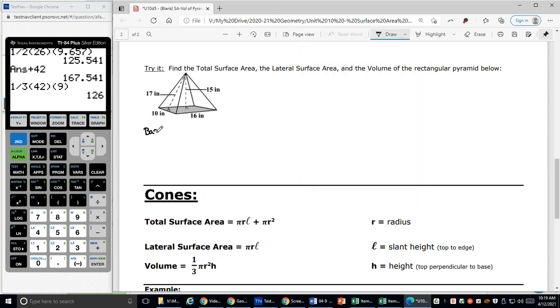Every single time you're going to see me do this first with prisms and with pyramids. So my base, it says it's a rectangular pyramid, so I know it's a rectangle, even though I don't have my little 90-degree angles in there. I know it's a rectangle where I've got 10 and 16.